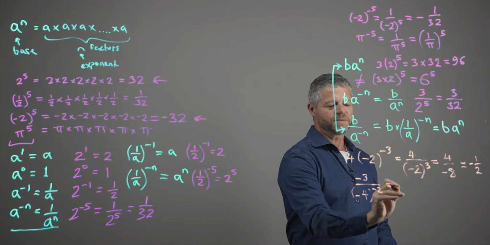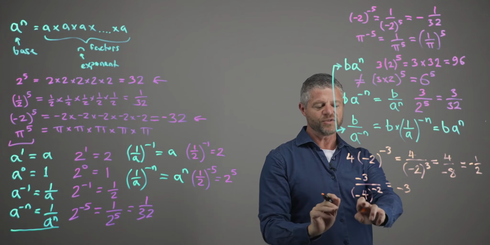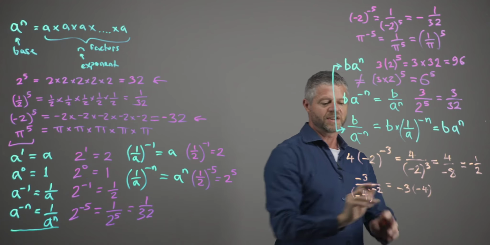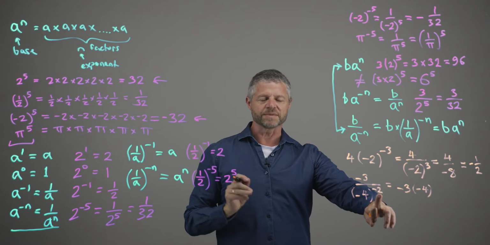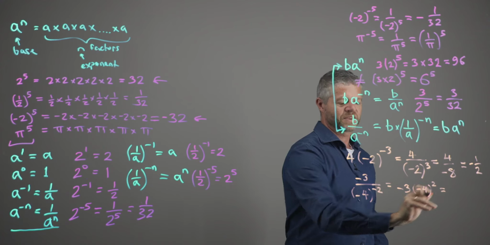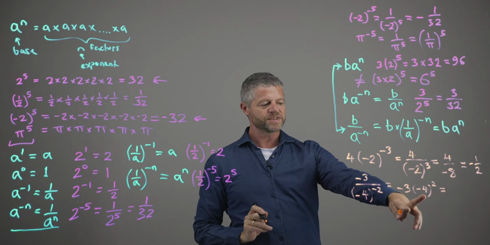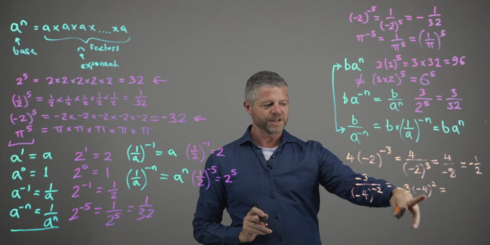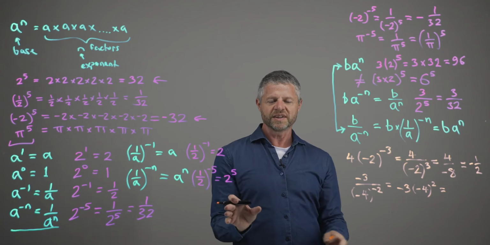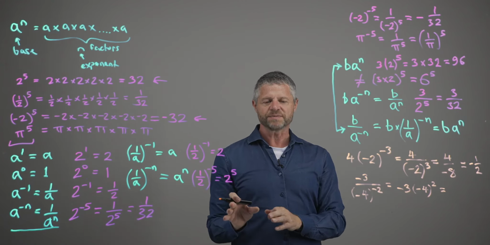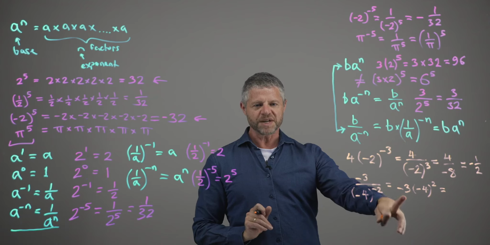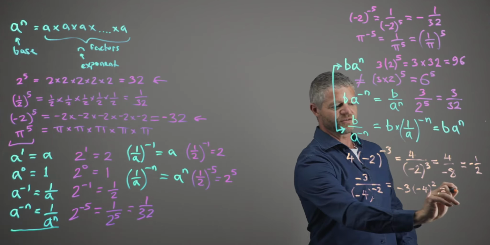So I'll keep the minus 3, and then I'll move the minus 4 to the numerator, and then the negative exponent now becomes a positive exponent. So we're going to have minus 3 times minus 4 squared. Minus 4 squared is positive 16, because it's minus 4 times minus 4. The two minuses kind of balance each other out. We get positive 16. Positive 16 times minus 3 will now be minus 48.